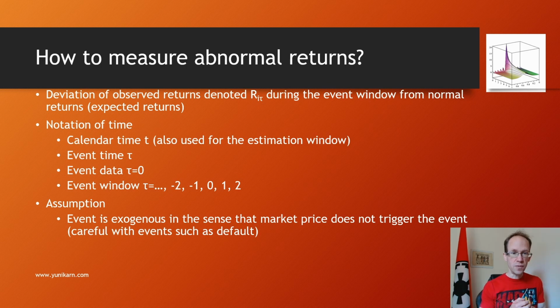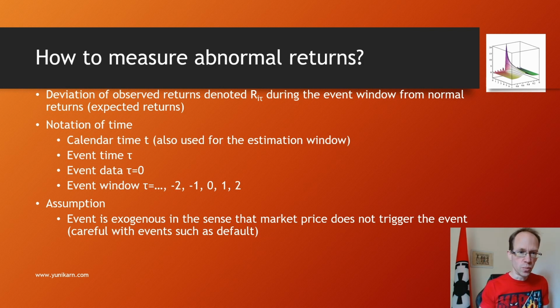Event time refers to the Greek letter tau, where tau equal to 0 indicates the event date, that is, the exact time of the event. Event time is expressed relative to the event date. Hence we might have tau equal to -2, -1, 0, the event date, 1, 2, and so on.